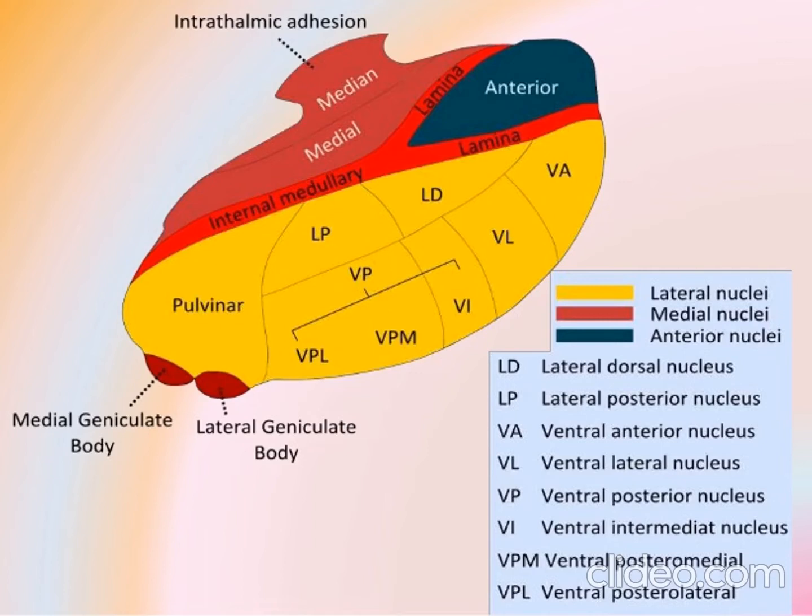The dorsal part divides into lateral dorsalis, lateral posterior and the pulvinar, along with the medial and lateral geniculate bodies. Then the ventral part divides into the ventral anterior nucleus, ventral lateral nucleus and the ventral posterior nucleus. The ventral posterior nucleus is again subdivided into ventral posterolateral and ventral posteromedial nucleus.